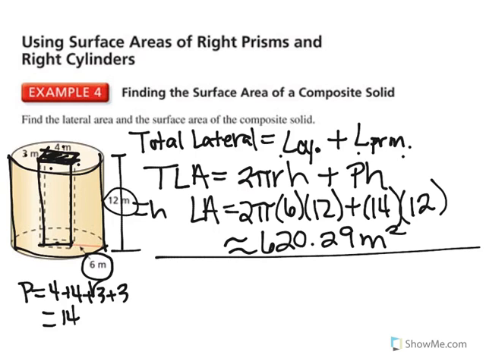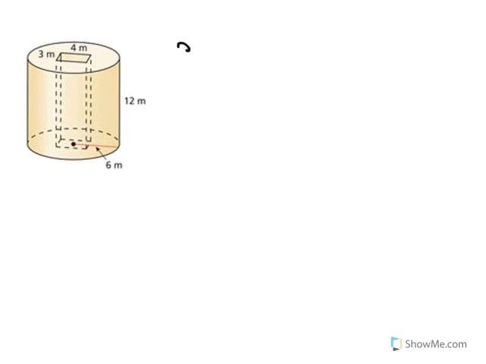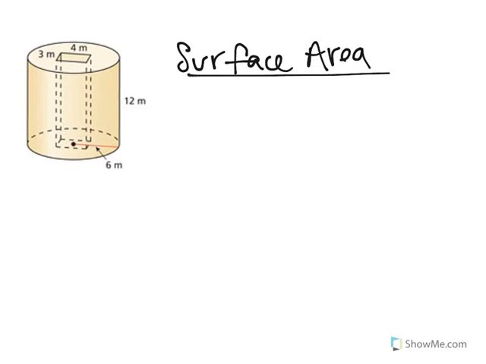Okay, now we need the surface area. So the total surface area is actually going to be our lateral area of our shape, and we're going to have to add in our two bases.